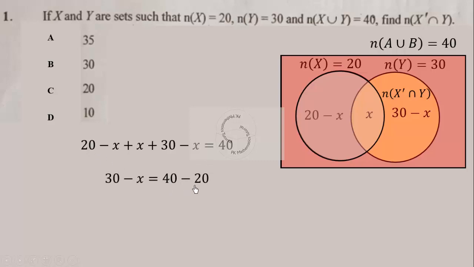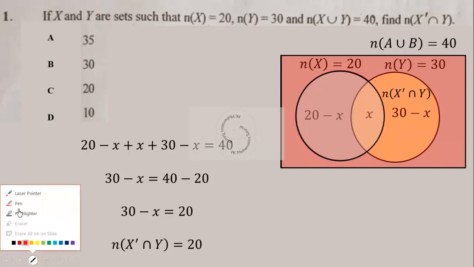So the 20 comes to subtract 40, so 30 minus x will be equal to 20, which is equivalent to this. Therefore, the number of elements in x complement intersection y is 20, and the correct answer in this case is option C.